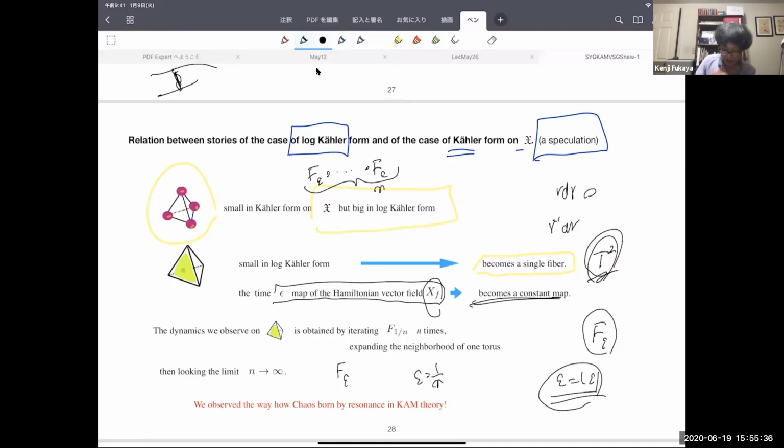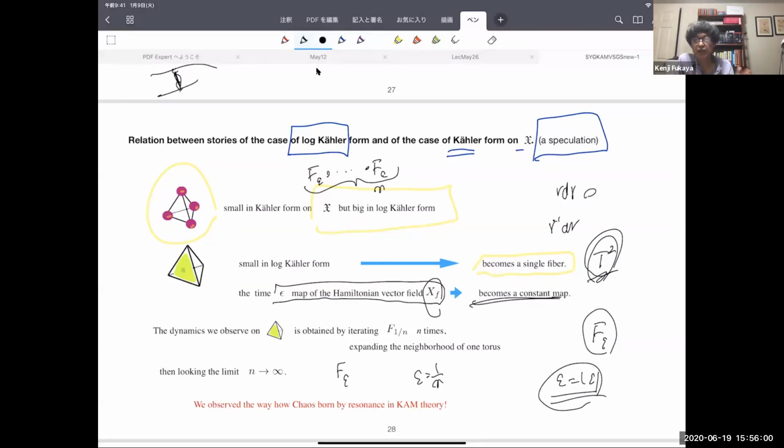So if you recall what KAM theory is doing. In KAM theory, you have these integrable systems, and you perturb this symplectic diffeomorphism a bit, then many Liouville tori remain invariant tori after the perturbation.